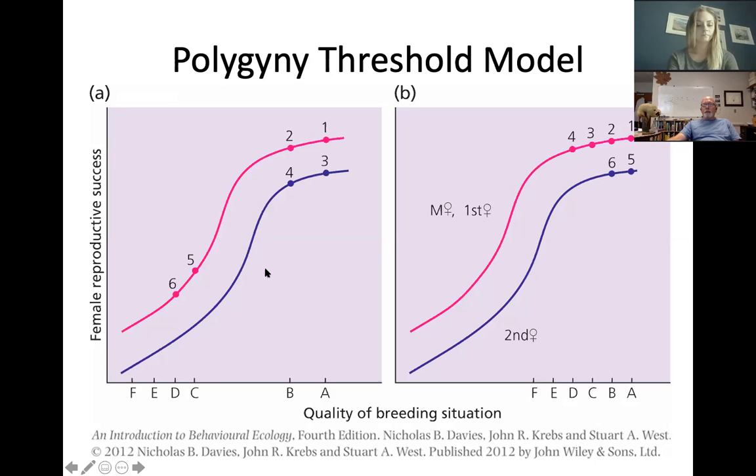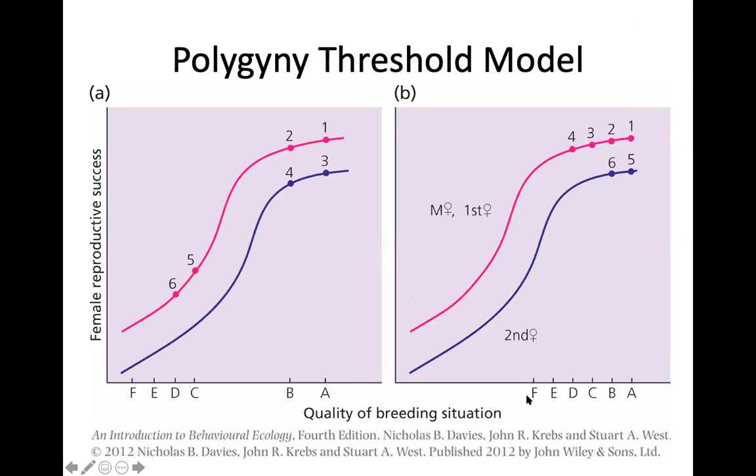In the other situation where territory quality is quite high and all the territories are very similar, it's much better, once again, to be in monogamous relationships and get the full benefits of that high territory quality.